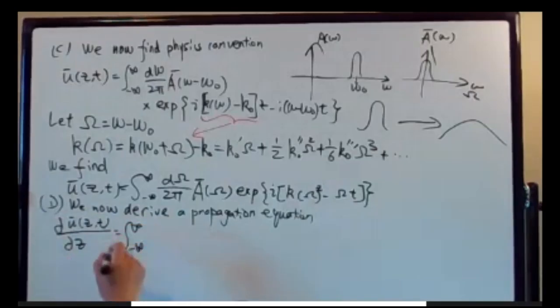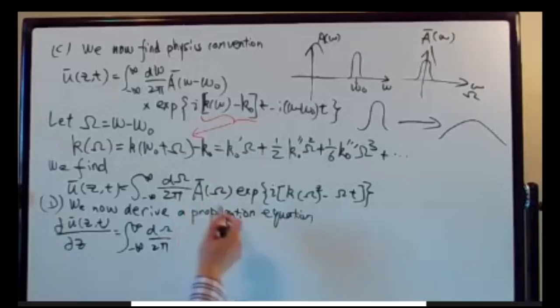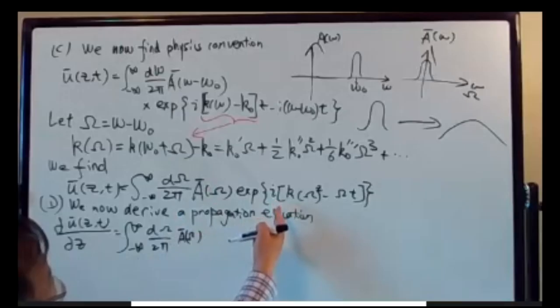It equals the integral from negative infinity to infinity of d omega over 2 pi, and this A(omega) is a function of omega. It's not z dependent here. So in frequency, let's take a derivative. We have this A bar(omega), and then we take a derivative here.